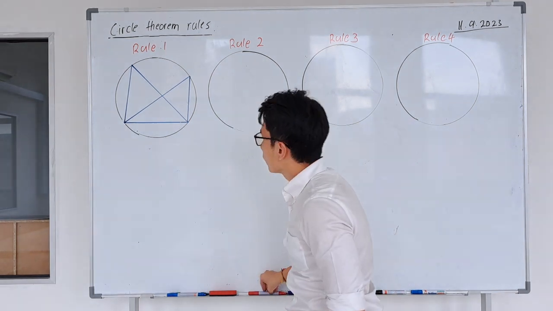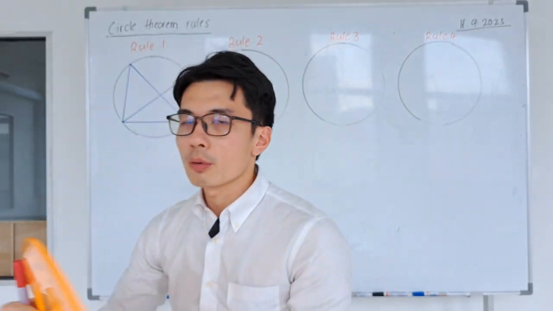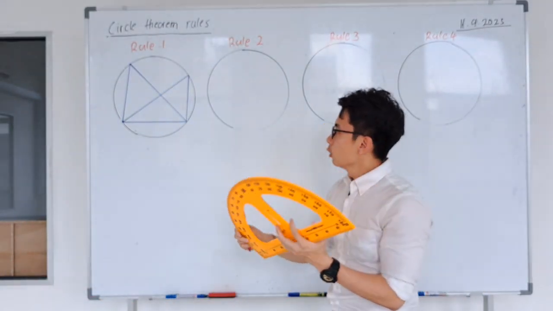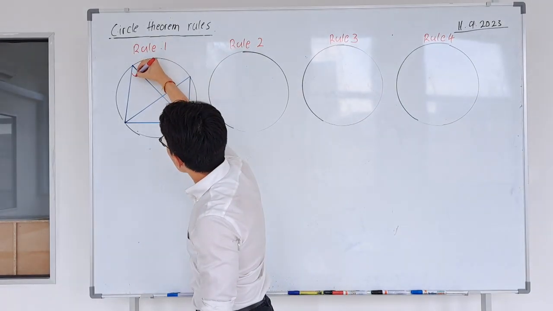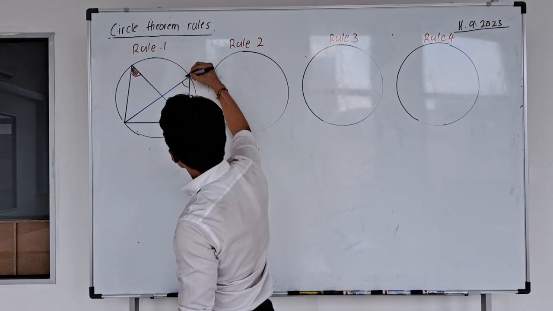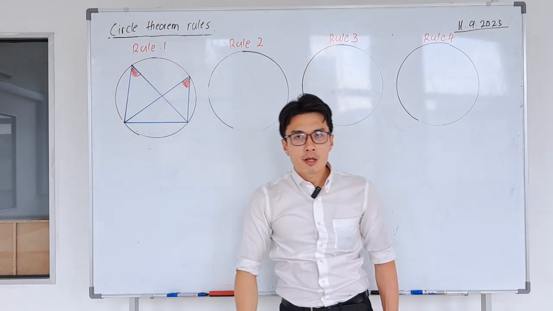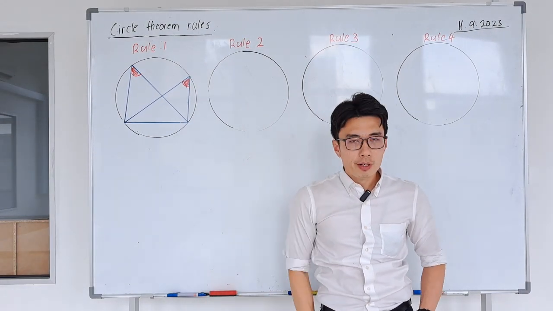Once you're done with that, I would like you to use your protractor to measure these two angles over here. You can just quickly pause the video to do this with your diagram and find out what you find.